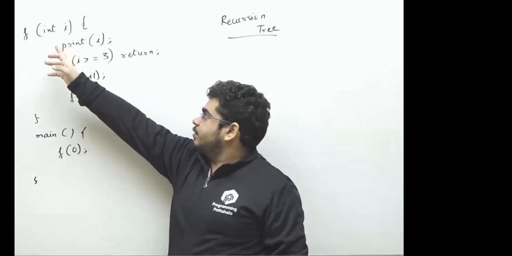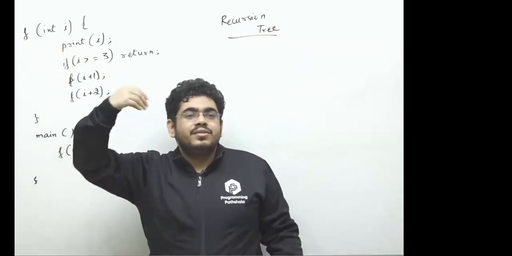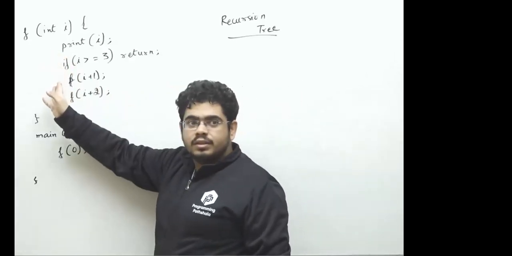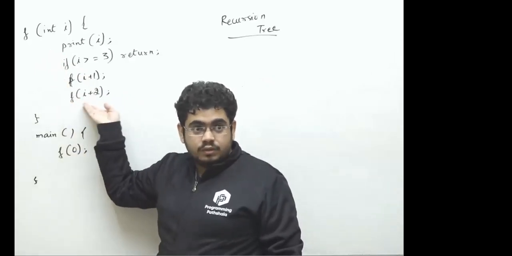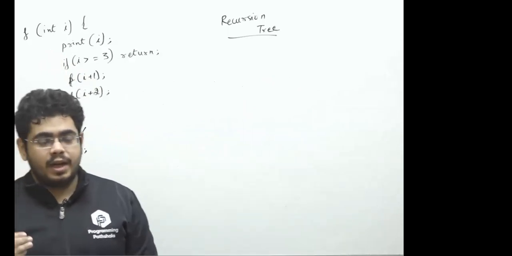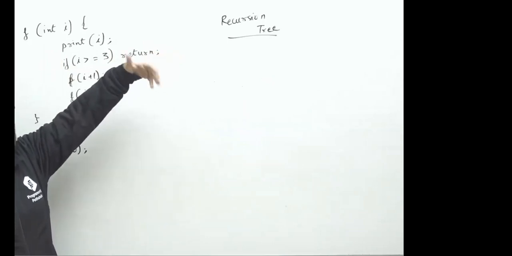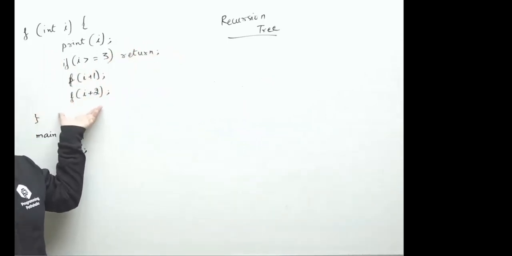So what you would have done while drawing a stack diagram is you would have gone to this, but there is no way of knowing that you will come back and have to do this. That is a problem with stack diagrams: if you go on to this path, you can't remember what you have to do at the other step.